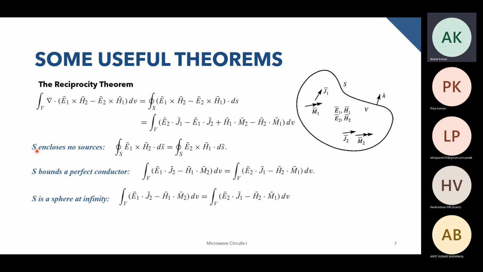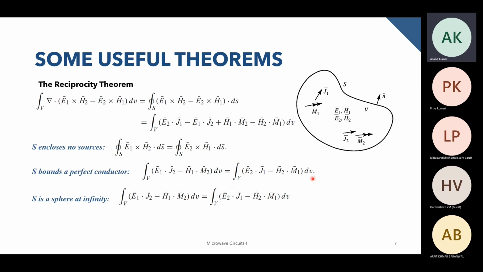One in which the volume had no sources, that is J1, M1, J2, M2 were zero, where the reciprocity theorem became something like this. Then when S was bounded by a perfect conductor, the surface integral vanished, and we were left only with the volume integral equals zero.